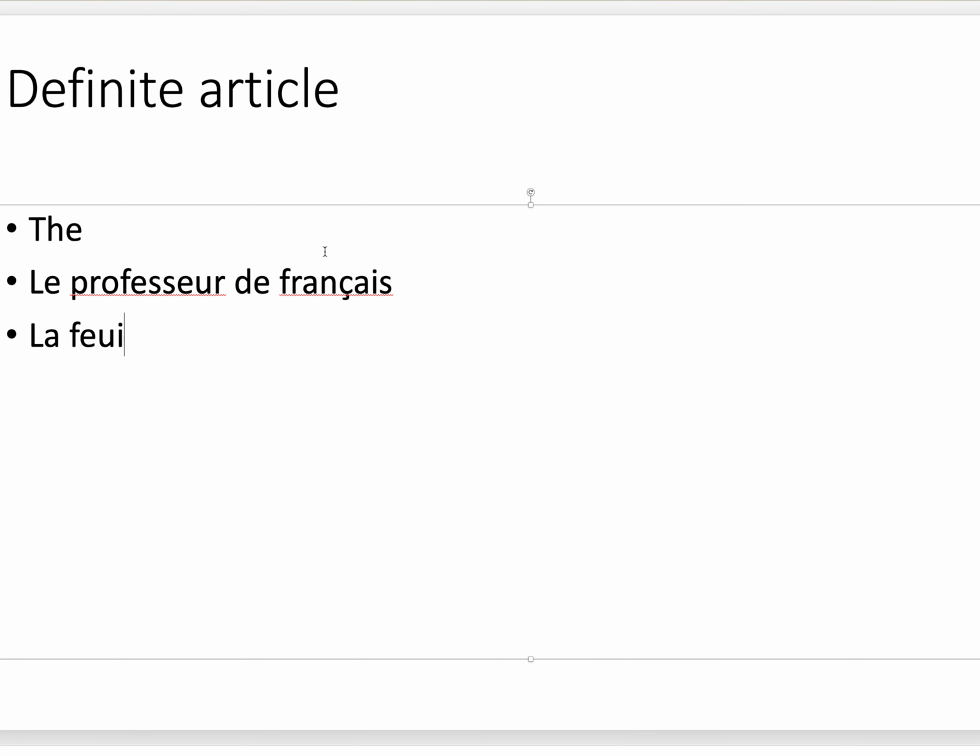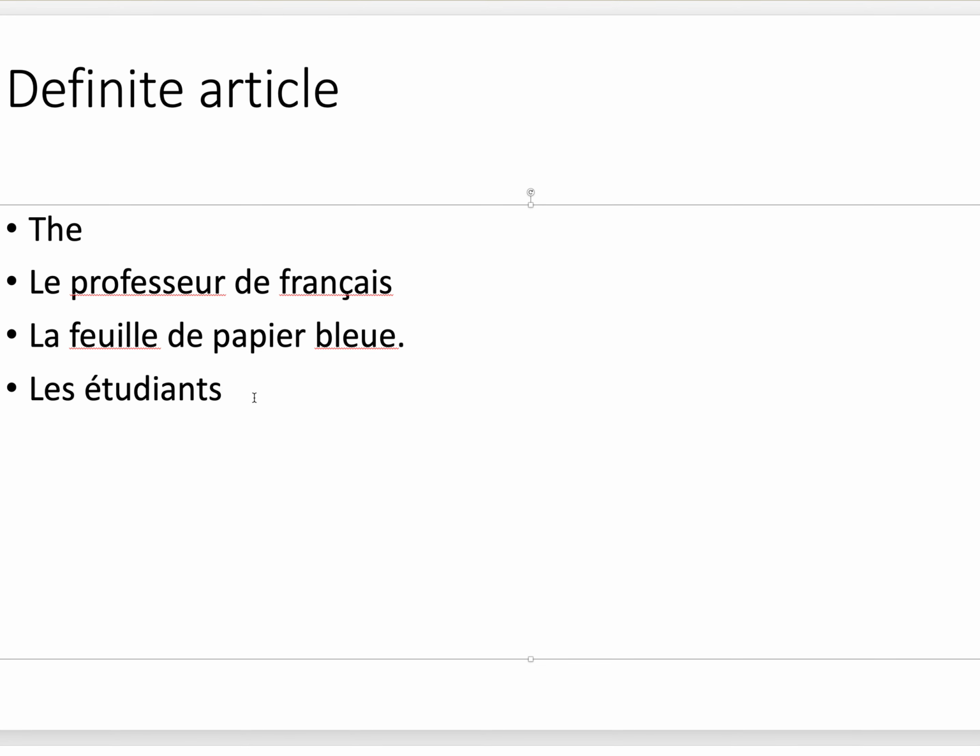La feuille de papier, right? The piece of paper, right? La feuille de papier. La feuille de papier bleu, right? The blue one, right? It's very specific, right? The plural version, les, right? Les étudiants. S and S, plural. Both are plural. LES and S at the end.